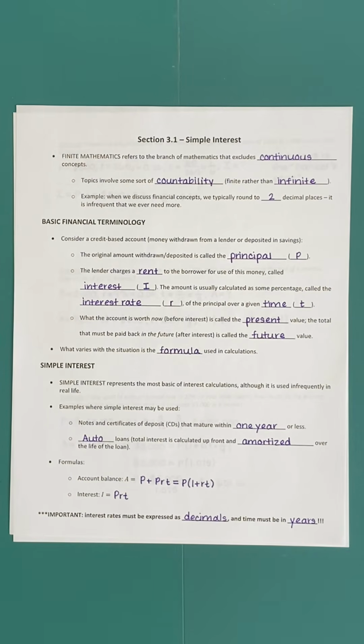But again, we'll look at that in context with some actual numbers. Those are two very important things to keep in mind once we start actually using the formulas. 9 times out of 10, if you don't convert your percentage to a decimal, or you don't think of your amount of time as a fraction of a year, then you'll end up with numbers that are significantly higher than they should really be.